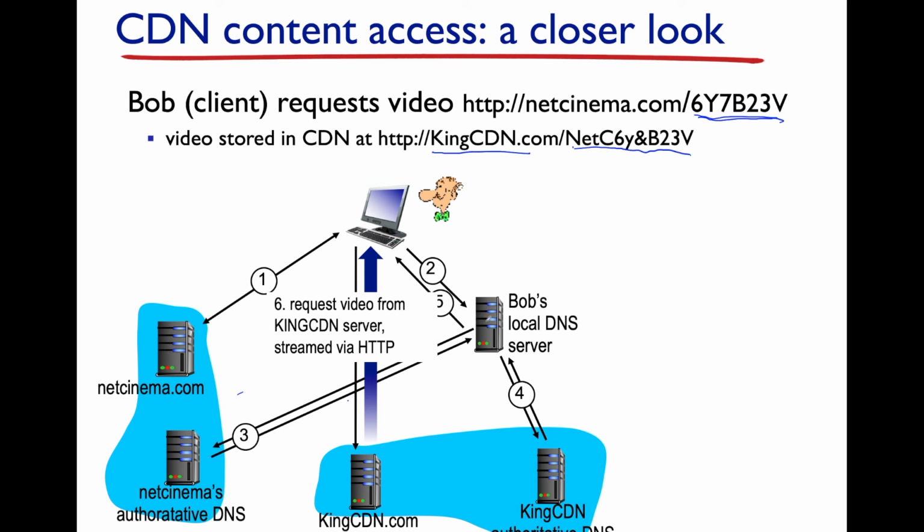The first step is to look up that address from netcinema.com, and netcinema says, given that URL, there's a canonical name for it. This is the canonical name. Now Bob takes that canonical name, goes to the authoritative server for that canonical name, and gets back the IP address for the instance. Once Bob has that instance IP address for kingcdn.com, he fetches the video he needs and starts watching the video.